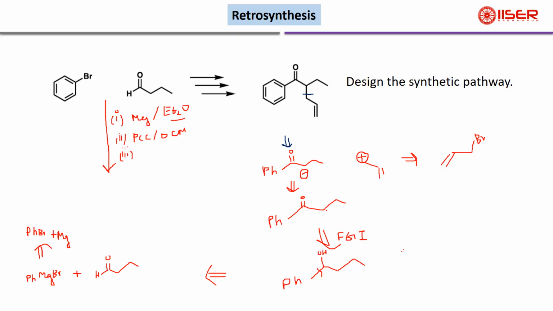In the next step, if you add LDA, then this proton is acidic. It will undergo the enolization, and that enol will attack this vinyl bromide.